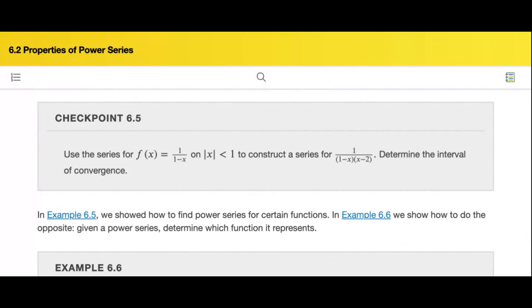Everyone try 6.5. I'm going to try myself so we can remember our partial fraction skills. I would suggest you do 1 over A over 1 minus x plus B over 2 minus x.